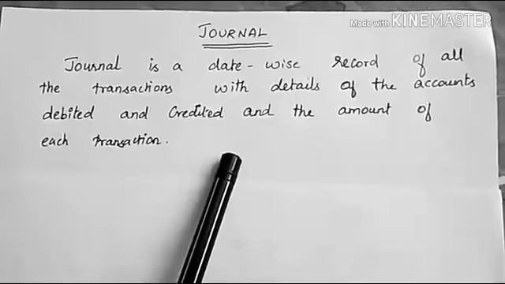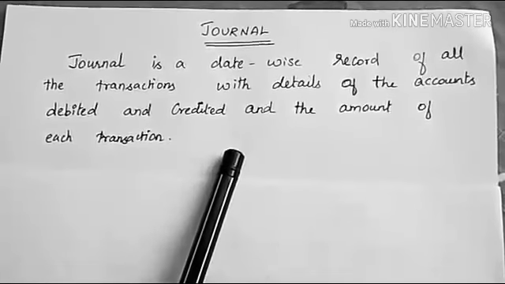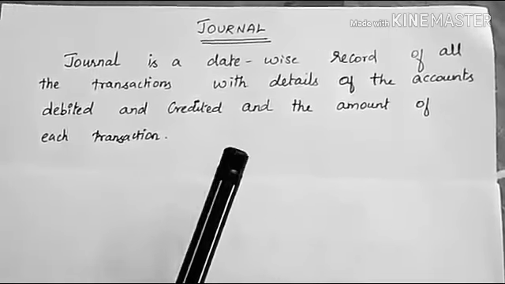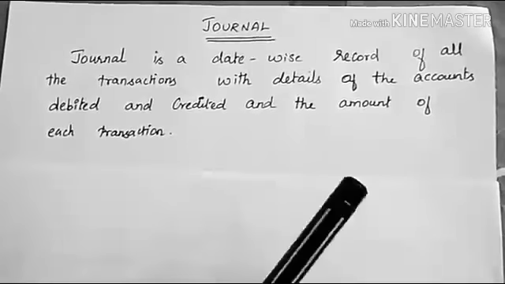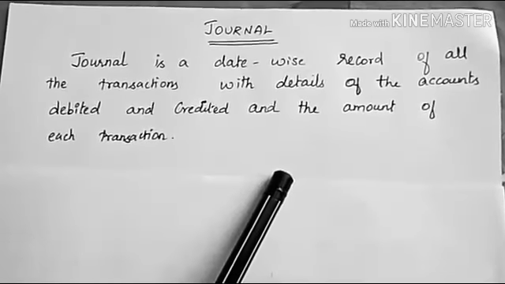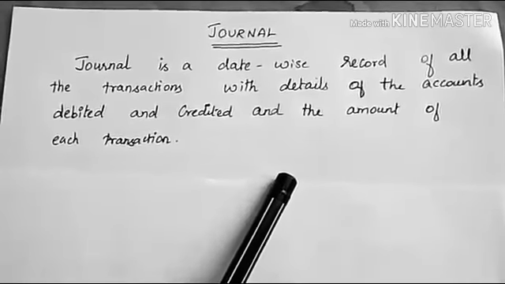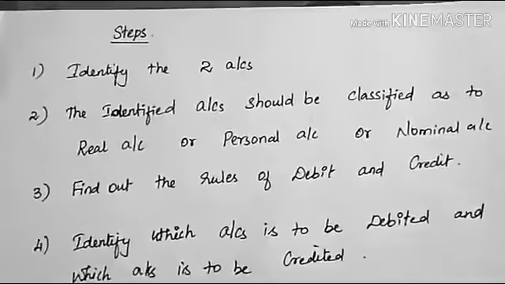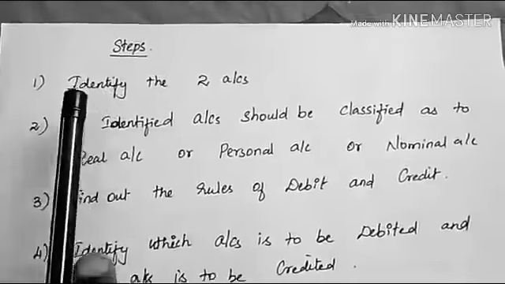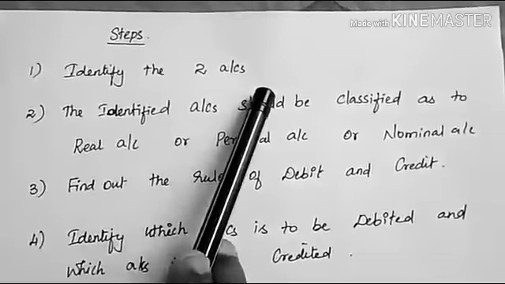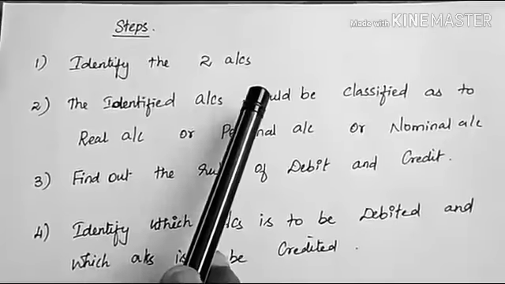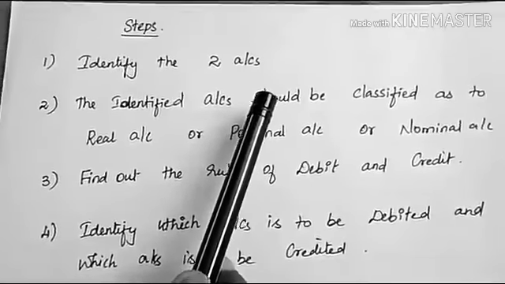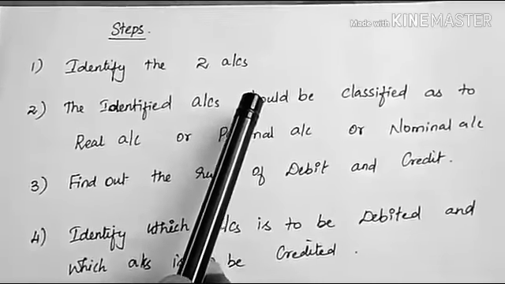In order to make a proper journal entry in a systematic manner, you need to follow a few steps. I am going to explain 4 steps, with which you can have a clear-cut idea about how to make a journal entry. The first step is to identify the two accounts. I told you that for a journal you need to have two accounts, one account for debit and a second account for credit.